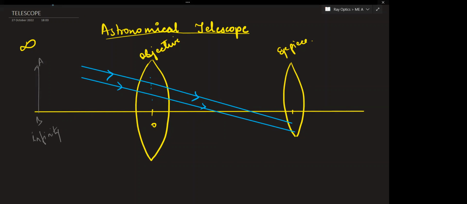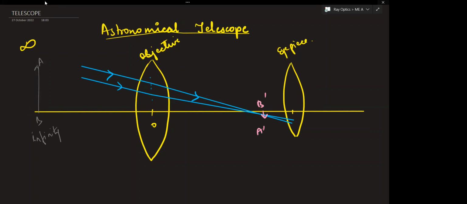Just a second, let me draw it. Here the intersection has been made. So this is the intermediate image that has been formed, A'B'.